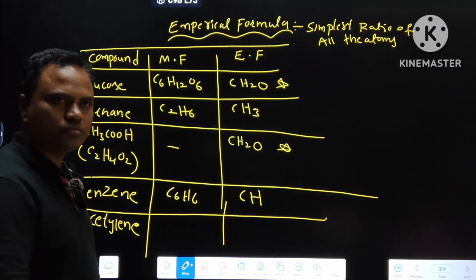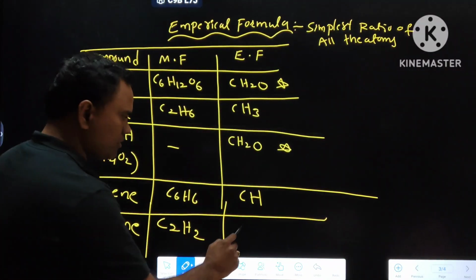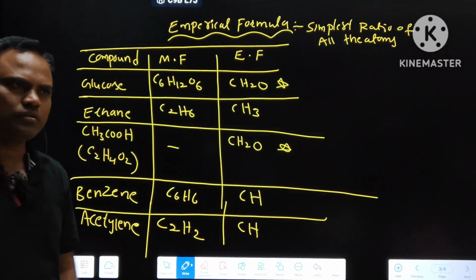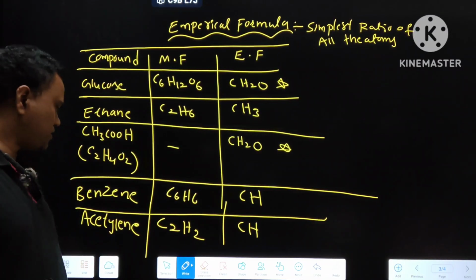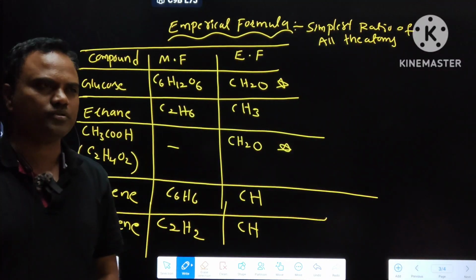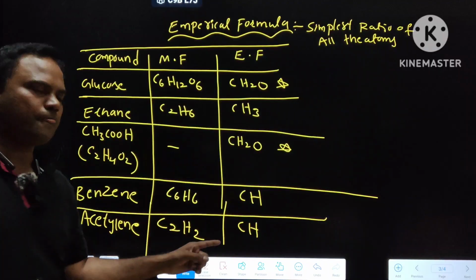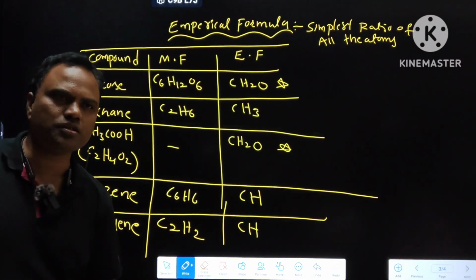C2H2. Empirical formula. What C2H4? Acetylene. Ethylene is C2H4. Okay. Once look at this. CH to CH. Empirical formula is same.